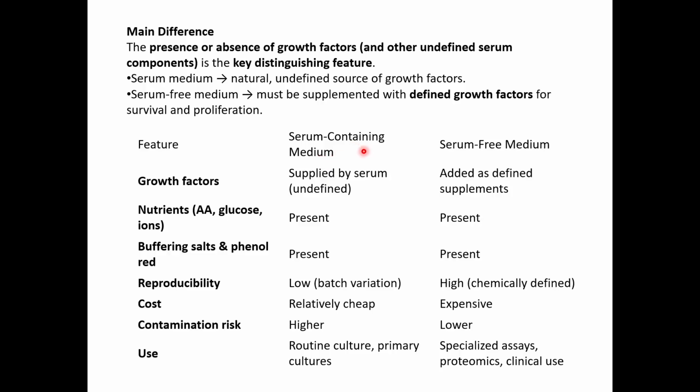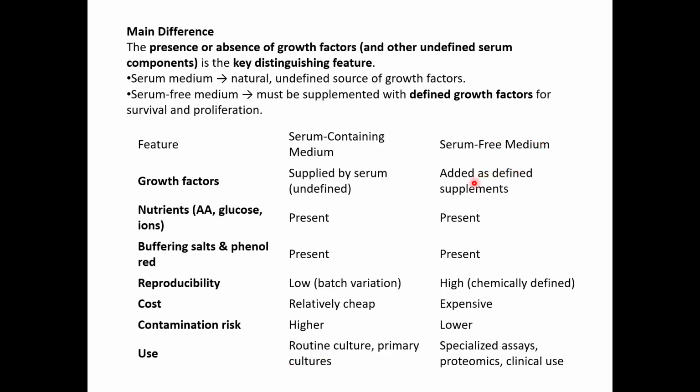So serum containing media has growth factors supplied in an undefined source, and it has nutrients, amino acids, glucose, ions, etc. It has buffering salts, it has phenol red, etc. And reproducibility is variable because the batch to batch variation will be there, and then the cost is relatively cheap when compared to serum free media in which you have to supply all the growth factors and all the other components. Contamination risk is, however, higher, and it is regularly used in cell culture and primary cultures.